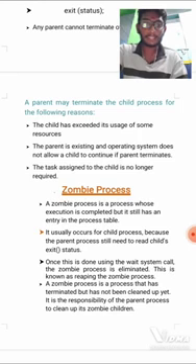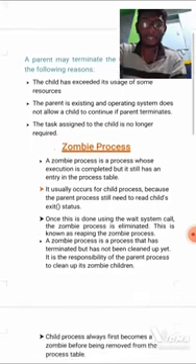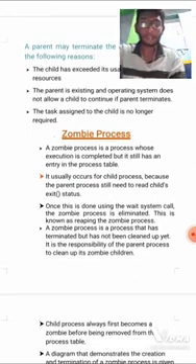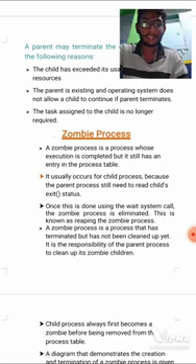That process is called a zombie process. Simply we can say it is a process which has terminated but whose parent has not yet called wait. It usually occurs for a child process because the parent process still needs to read the child's exit status.